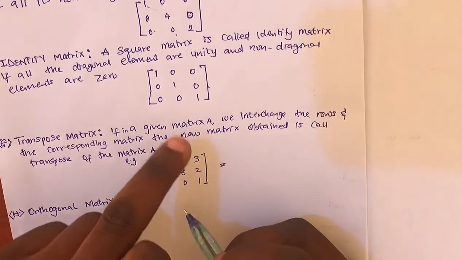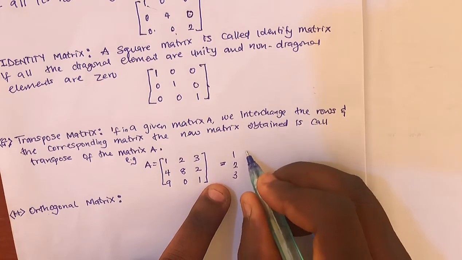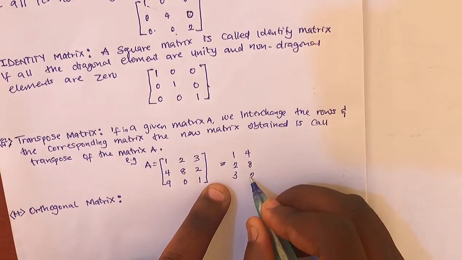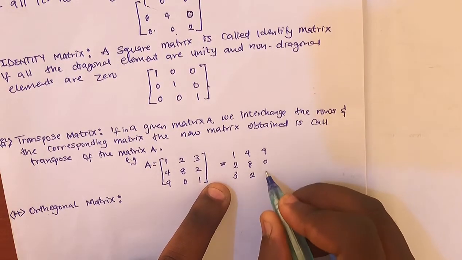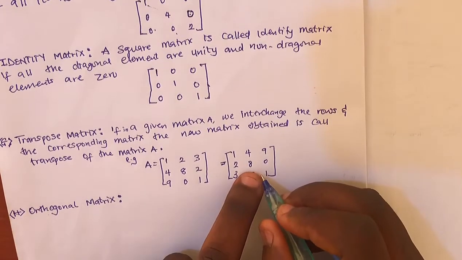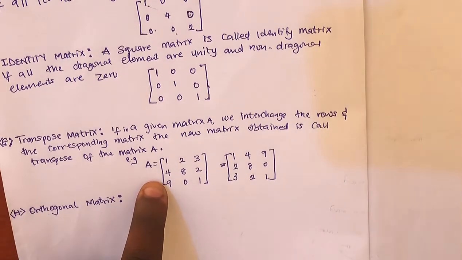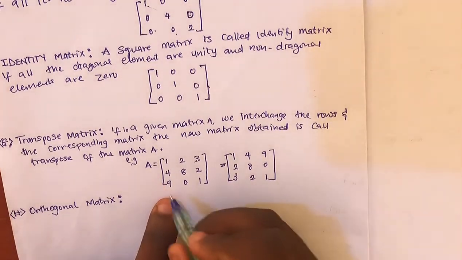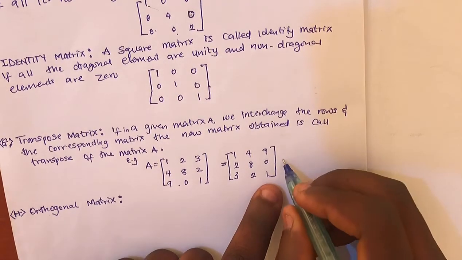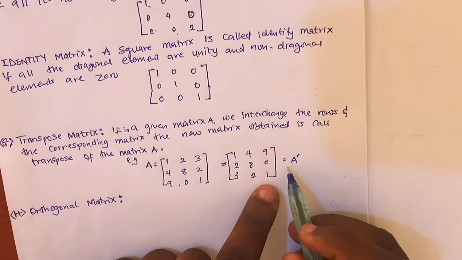I will turn the row to column. So I will have 1 2 3, 4 8 2, 9 0 1 as columns. Can you see it now? This new matrix that is formed is called a transpose matrix. This is matrix A, and this is A transpose.